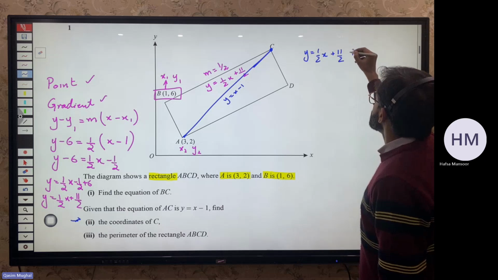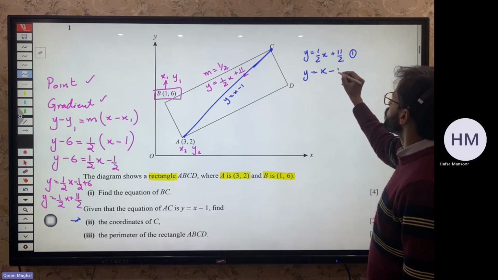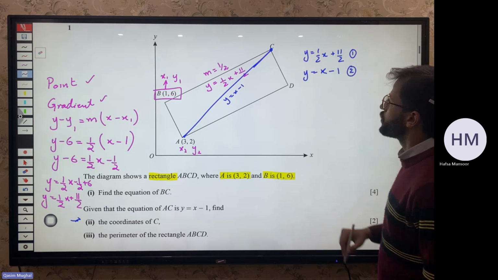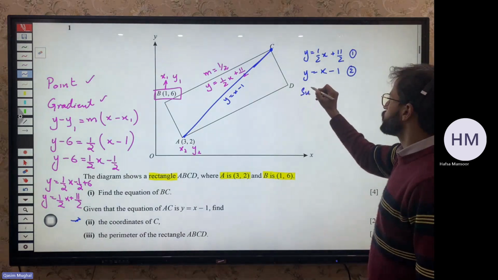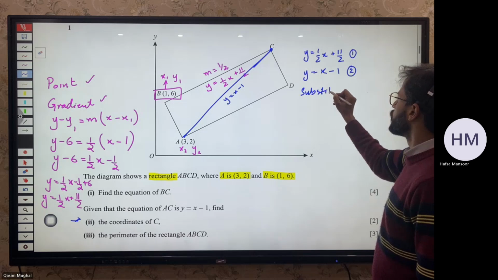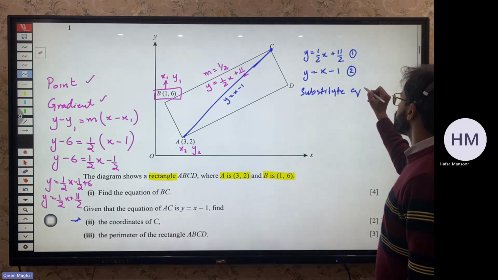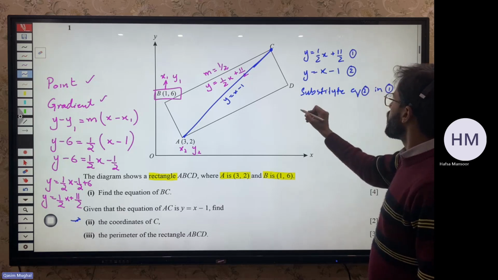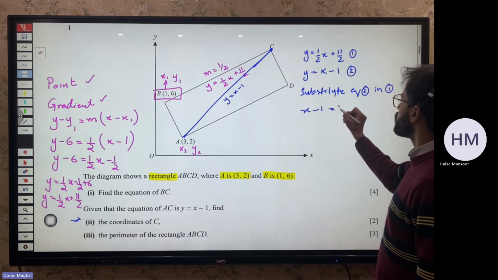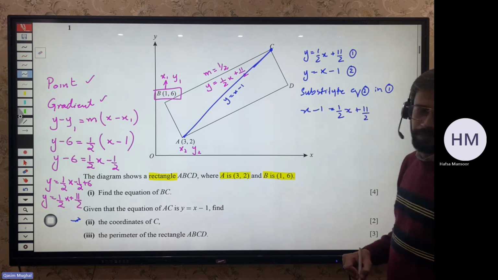Let's tag this as equation 1, and y equals x minus 1, that is the equation of AC, tag this as equation 2. So substitute equation 2 in 1.